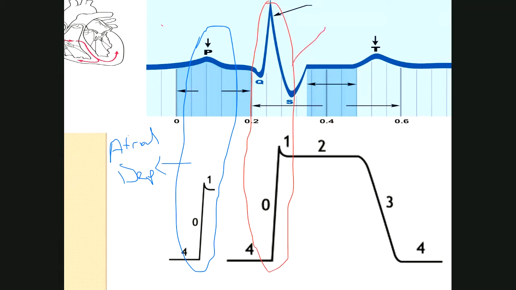Remember two things: ventricular depolarization, but hidden inside it is atrial repolarization. And then, what's going on here? Ventricular repolarization. Does it make sense?